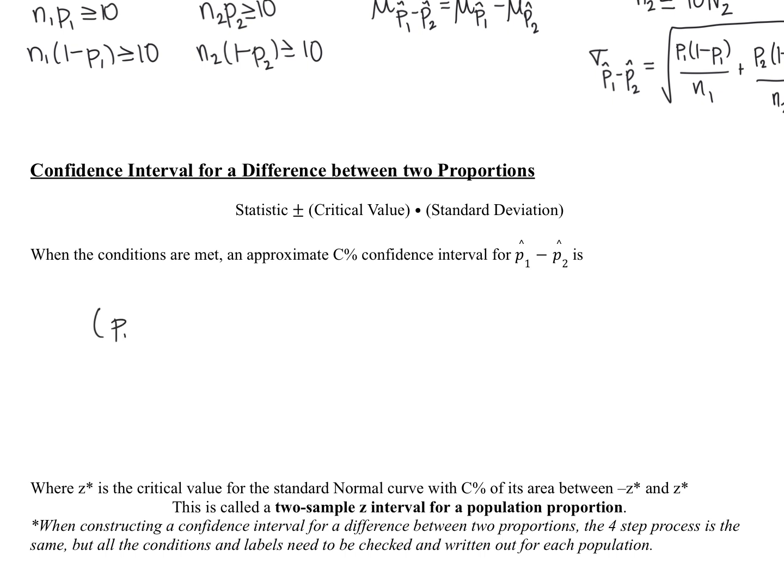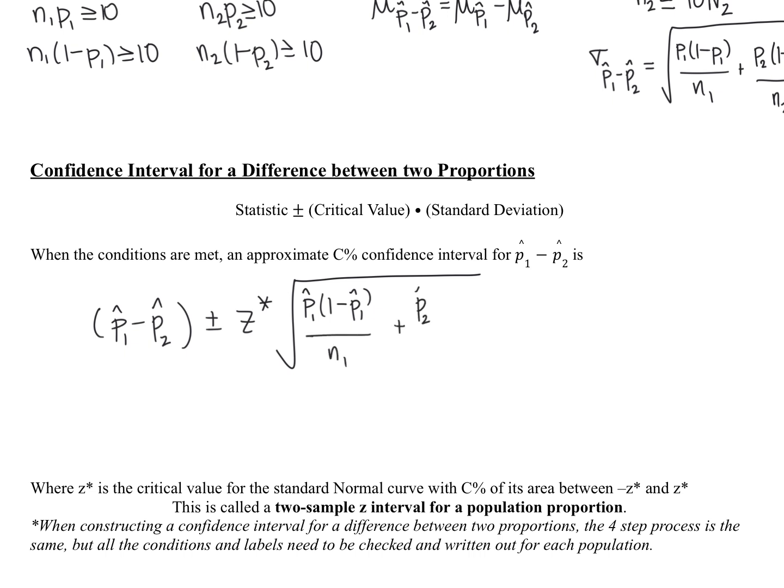So it becomes P1 hat minus P2 hat plus or minus our critical value Z star times our standard error, which in this case is the square root of P1 hat times 1 minus P1 hat all over N1 plus P2 hat times 1 minus P2 hat all over N2.